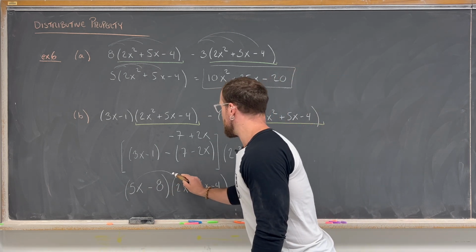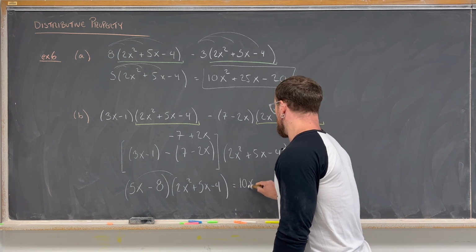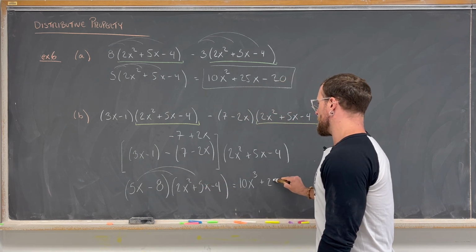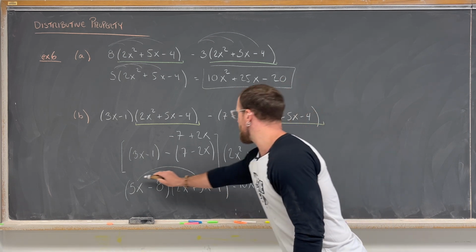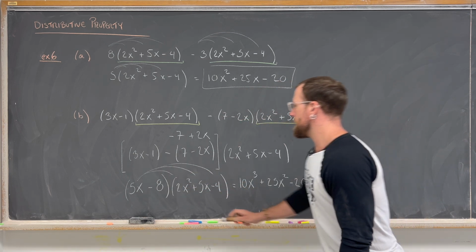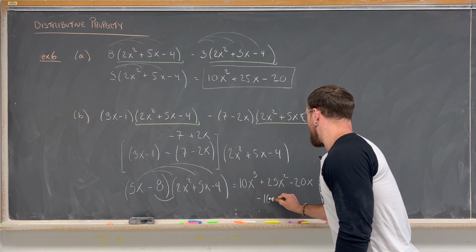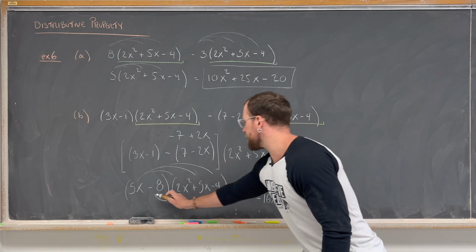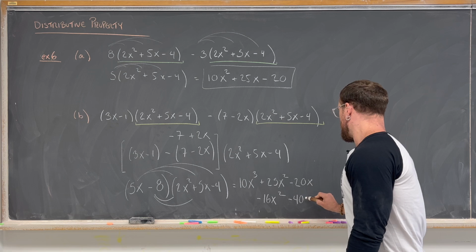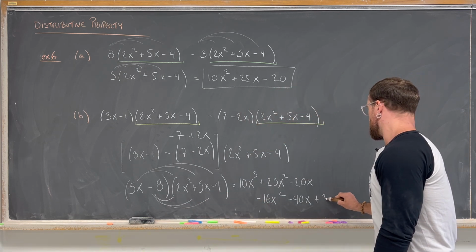So you're going to get 10x cubed plus 25x squared minus 20x minus 16x squared minus 40x plus 32.